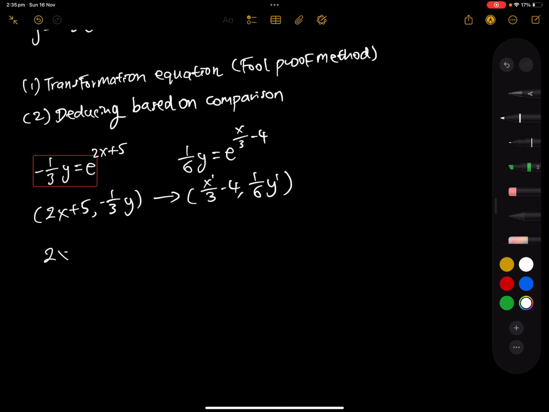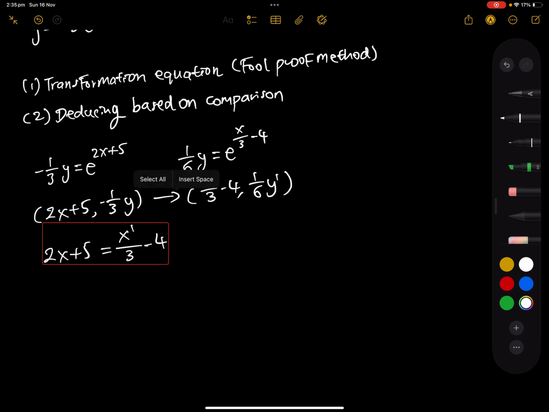The next thing I want you to do is equate. So we have 2x plus 5, which is our original function, equals x prime on 3 minus 4. Since we're going from 2x plus 5 to x prime on 3 minus 4, and then to find the transformations that map x to x prime, we want to equate and then transpose to make x prime the subject.